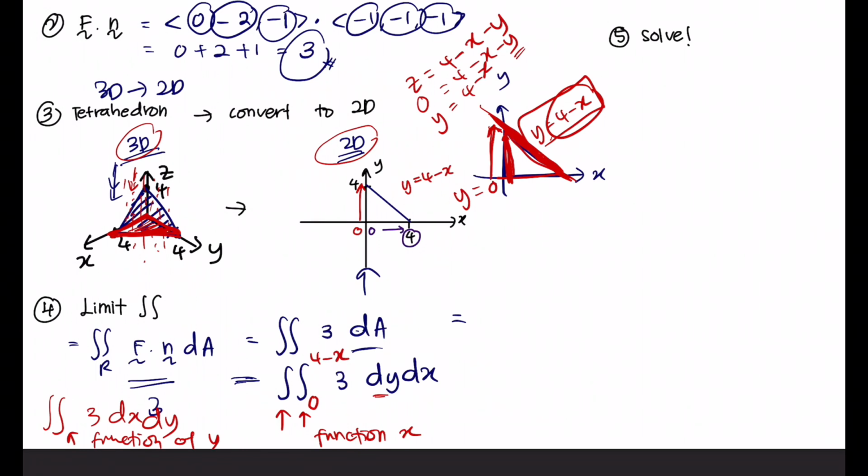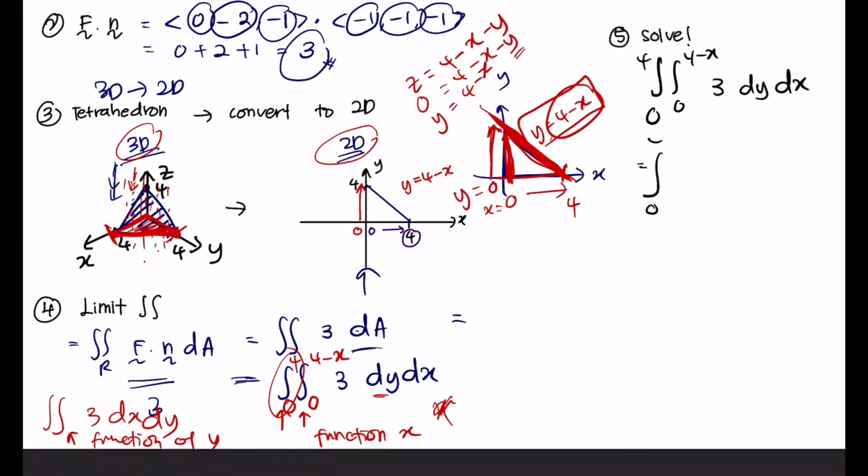Next, for this one you must put numbers. So x is from 0 until 4, because the radius, or the intercept, is 4. So 0 to 4. Number 5, solve this integration. We have the integral from 0 to 4 of the integral from 0 to 4 minus x of 3 dy dx.